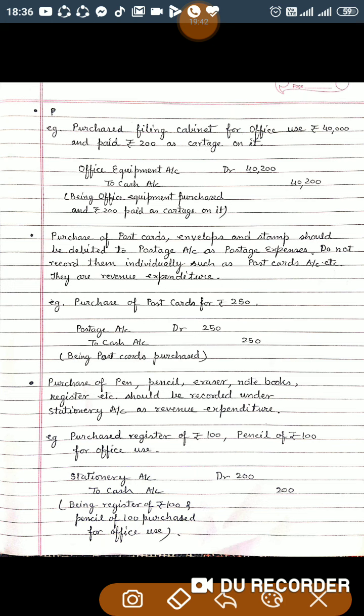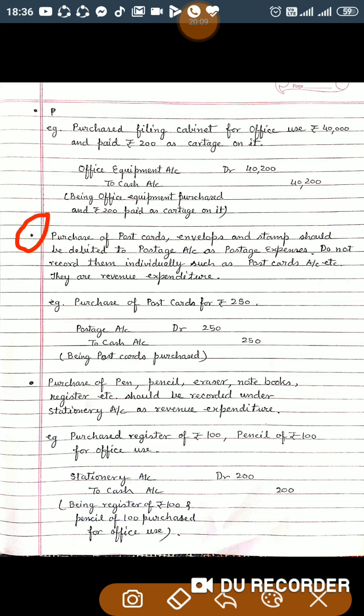Next point of discussion is, if you are purchasing postcards, envelopes and stamps etc., they should be debited to postage account as postage expenses. Do not record them individually, such as postcards account, envelopes account, or stamp expenses account.